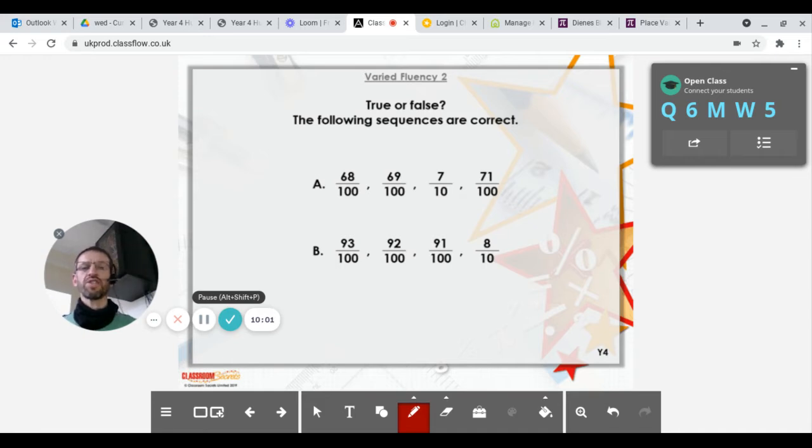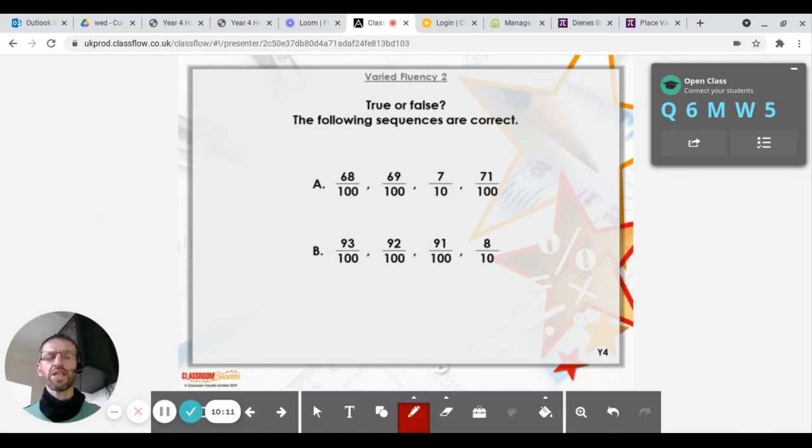Well, to find out what 7/10 is, we're going to have to find out how many hundredths that is. We're going to have to change it into hundredths. So, to find how 7/10 would be represented in hundredths, I could go over to my place value on MathSpot.